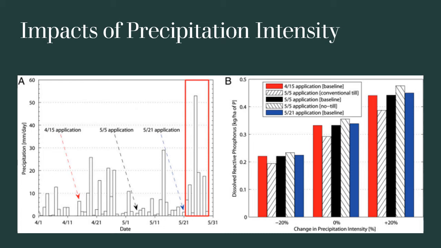The SWAT simulations indicated that the dissolved reactive phosphorus yields are sensitive to precipitation intensity, fertilizer application, and tillage practices, with the precipitation having the strongest influence and fertilizer timing having the least influence.